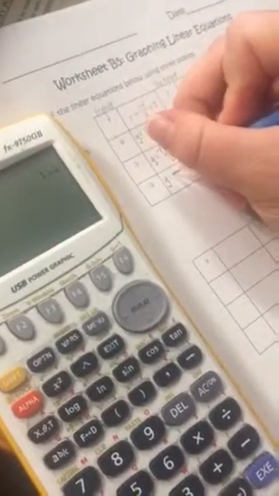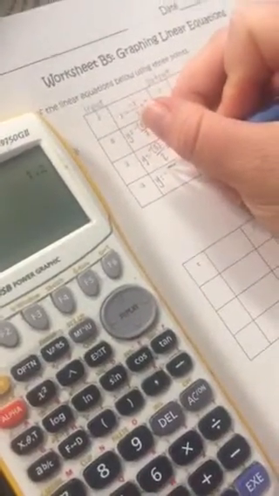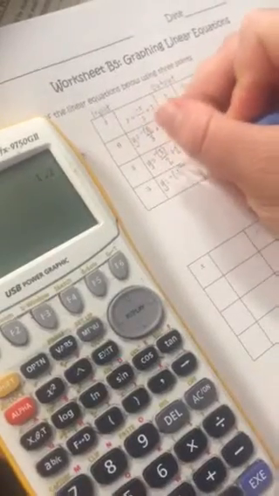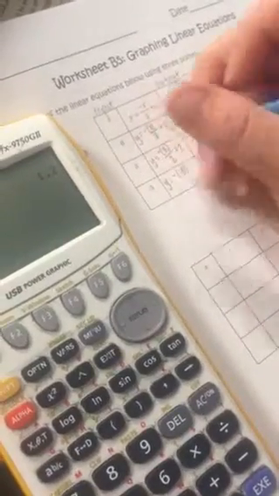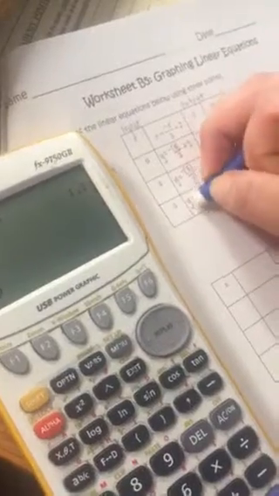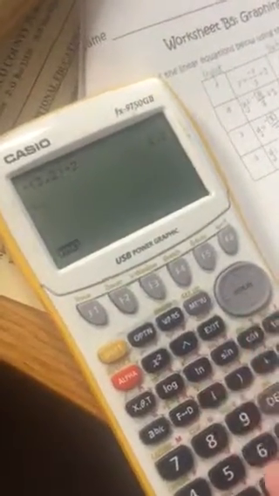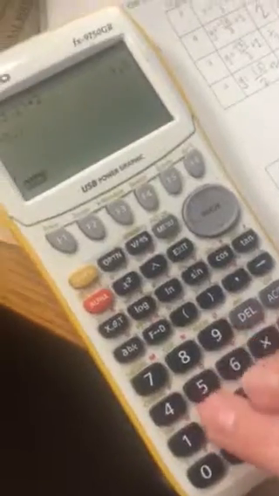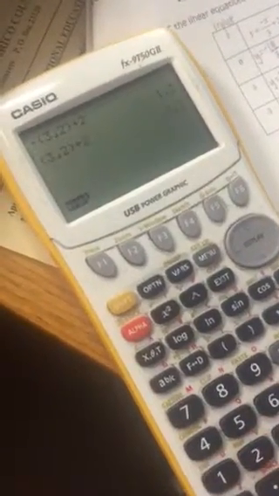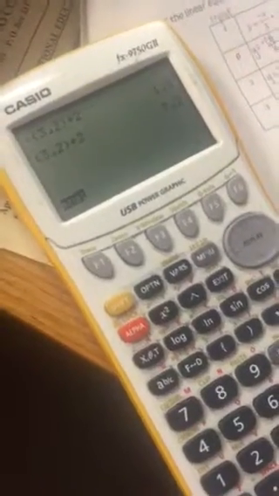Y equals, if I have a negative 3, what happens to these two negatives? They cancel out. So then it becomes positive 3 over 2 plus 2. 3 ABC 2, close parentheses, plus 2, and I get 7 over 2.